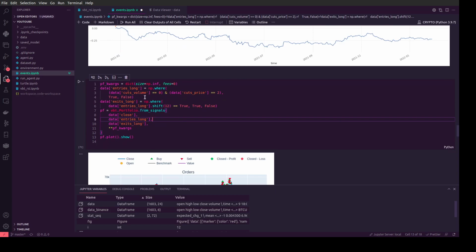Let's change it, and cuts price would be, for example, 2, and data hour would be 0, and we analyze data for the next bar.